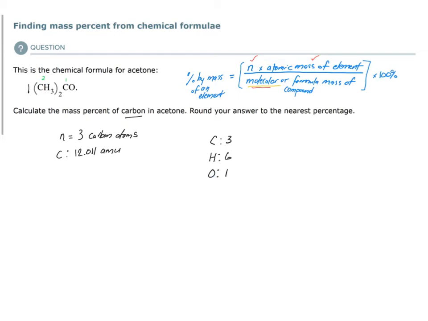So if I take these number of atoms and multiply the number of atoms by the individual atomic masses of each atom, we can find the total mass of this molecule. So the atomic mass of carbon is 12.011. The atomic mass of hydrogen is 1.0079. And the atomic mass of oxygen is 16.00.